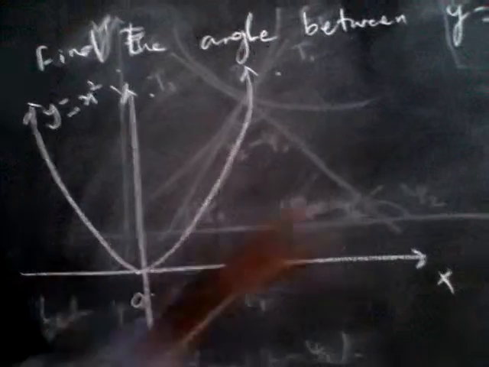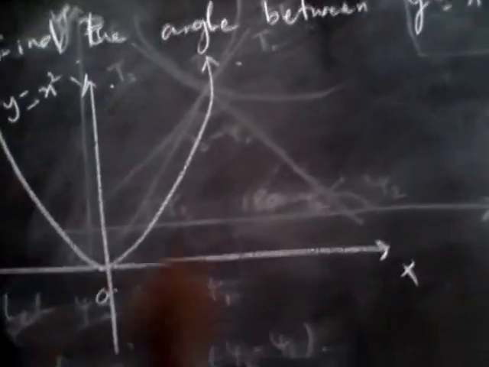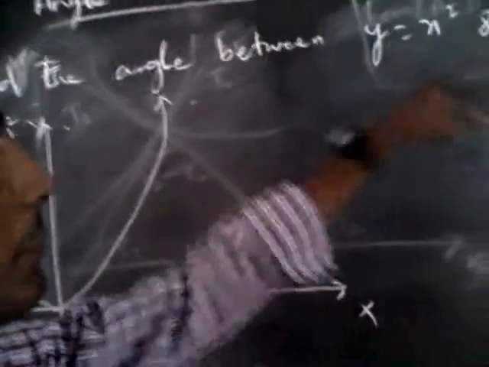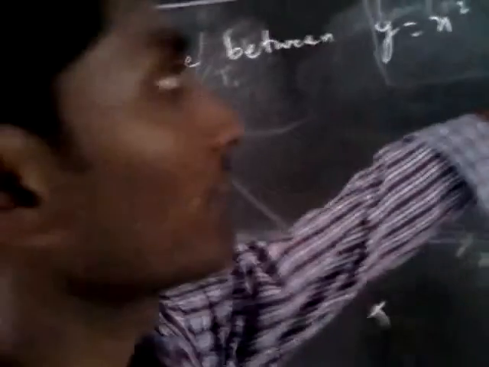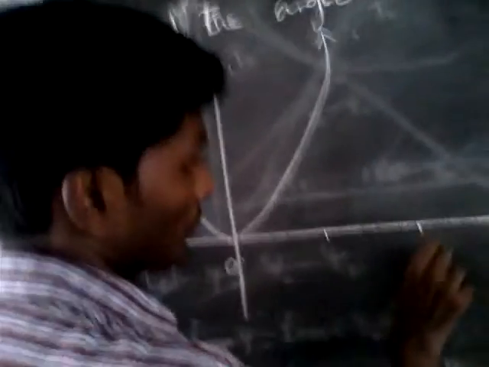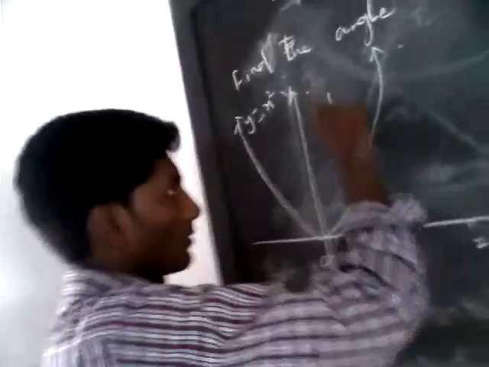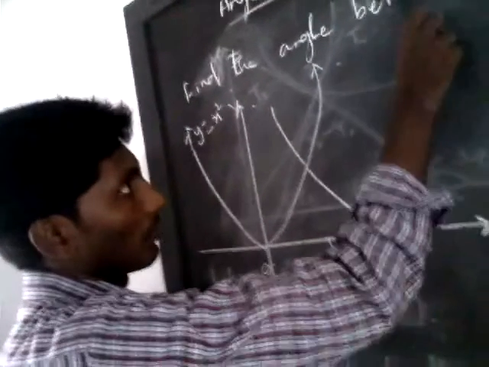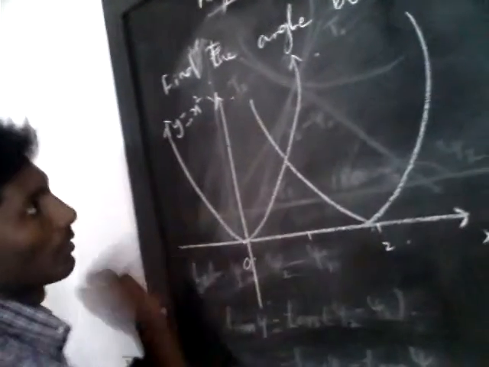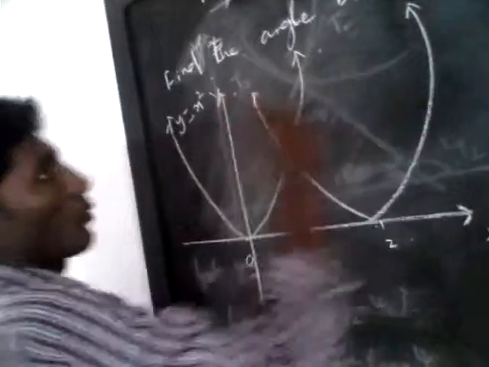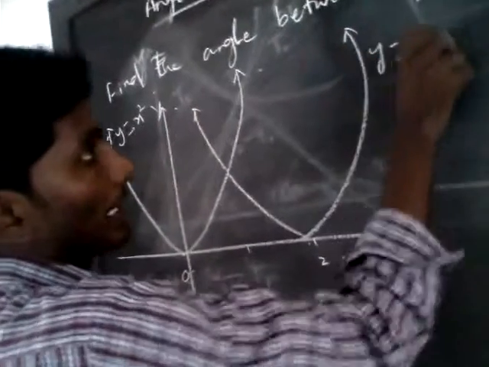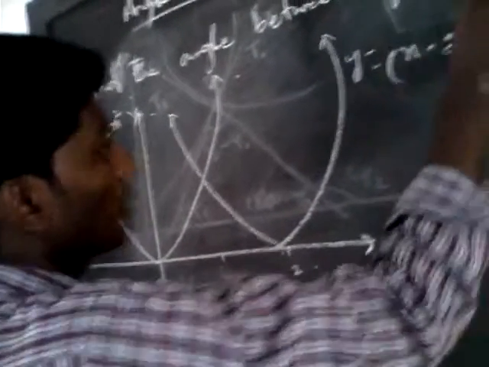This is of the type x square is equal to 4ay, and the vertex is 0, 0. And the second curve, y is equal to x minus 2 the whole square, is also of the type x square is equal to 4ay. Here the vertex is 2, 0. This is 1, this is 2. So this is the curve y is equal to x minus 2 the whole square.